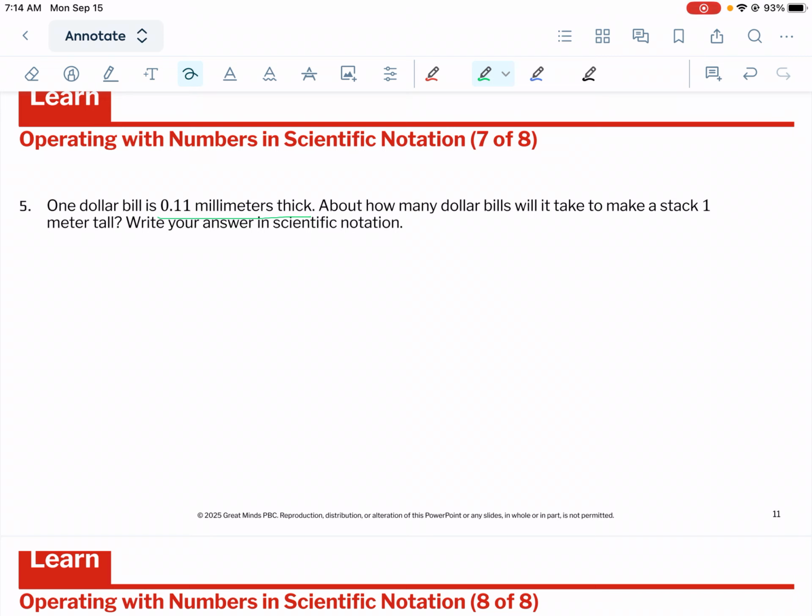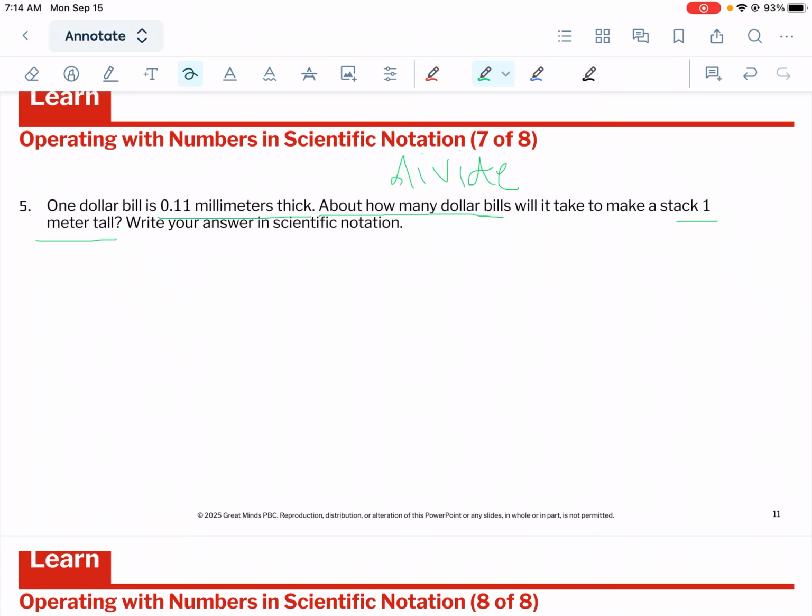So we need to know about how many dollar bills, so that means we can round. And we have how many again, so that means we're going to be dividing again. We're trying to get to a stack that is 1 meter tall. And write your answer in scientific notation.